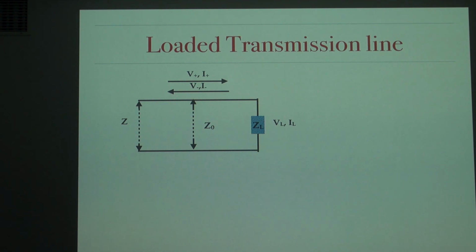The complex impedance of the line is Z0. The impedance of the load is called ZL, and I can calculate now the circuits. And again, I have a voltage on the load, which is a sum of the voltages, and the current through the load, which is a sum of those two currents.